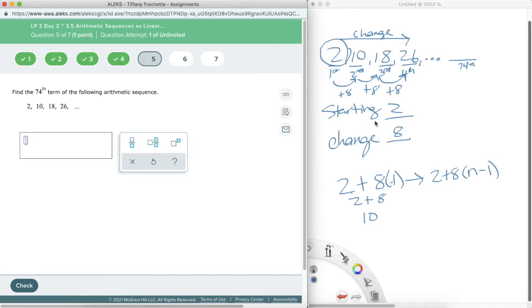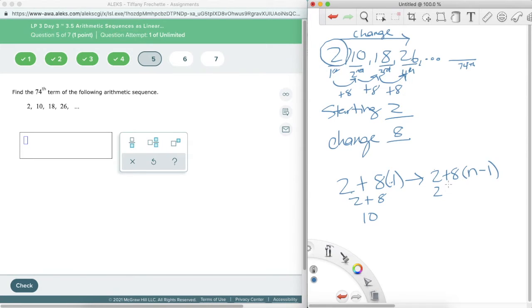So we have 2 plus 8 times n minus 1. If I do the first term, it would be 2 plus 8 times 1 minus 1, which is 0, and 8 times 0 is 0. So, oh, look at that, it got me my 2. And with the second term, 2 minus 1 is 1.